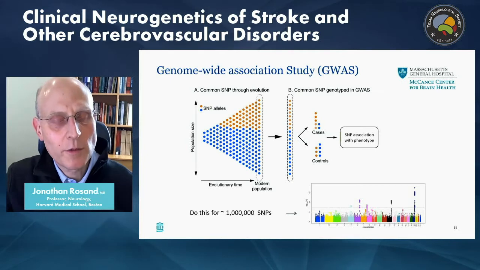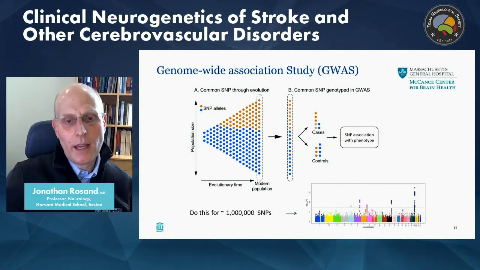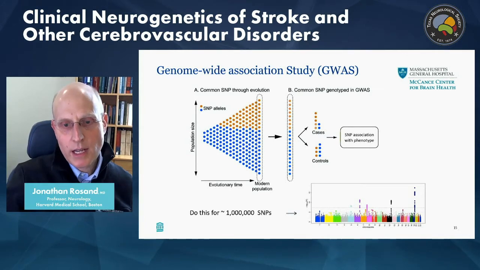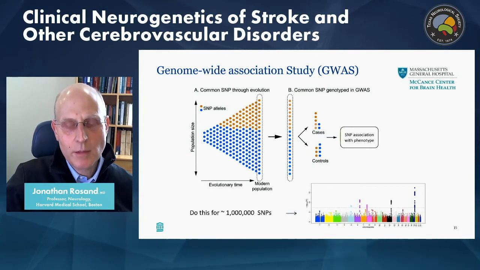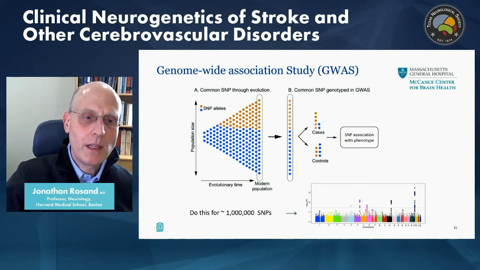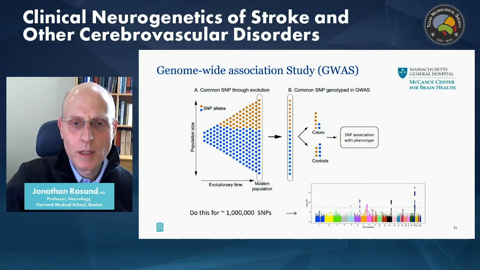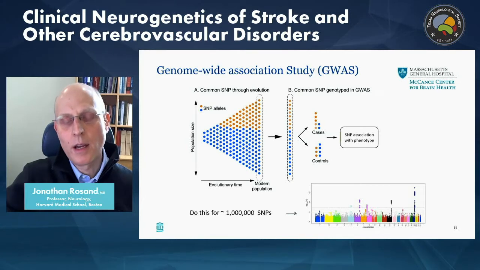When you do this, let's say for 1 million SNPs, you yield what's called a Manhattan plot. And what you have there on the x-axis, you can't quite read it, but each chromosome is represented. And then on the y-axis, the higher the dot, the lower the p-value, and you get these stacks.